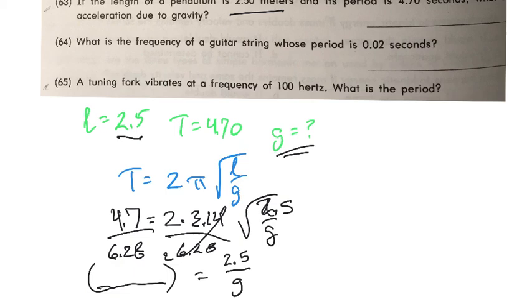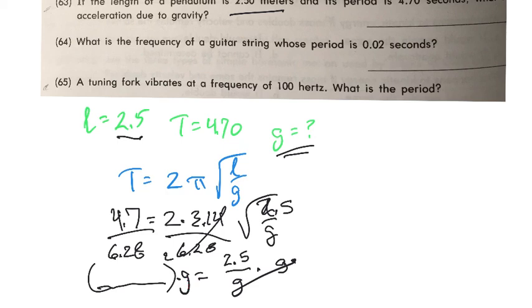Now, how are you going to solve for G? That's tricky. G is on the bottom. Okay, stick with me here. You're going to multiply both sides times G. Okay, so we'll cancel out over here. So you'll have this number times G equals 2.5.